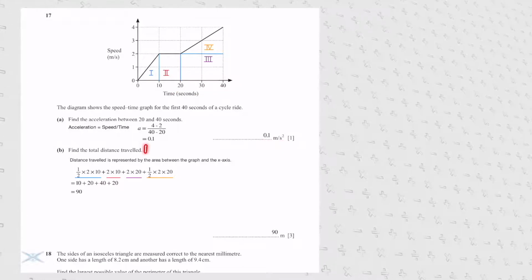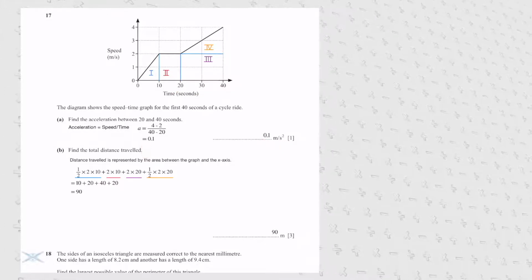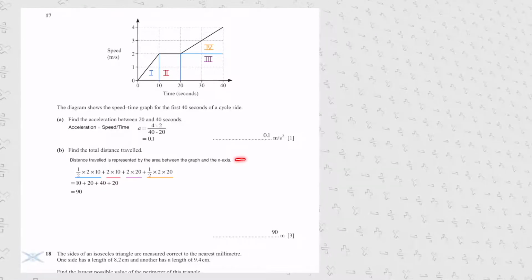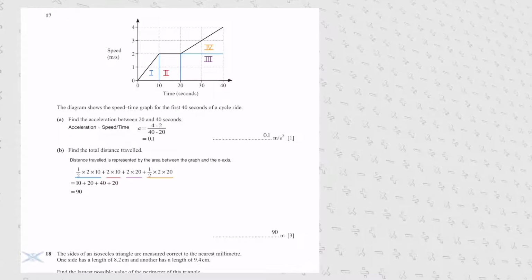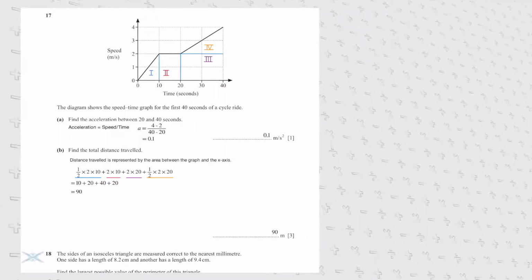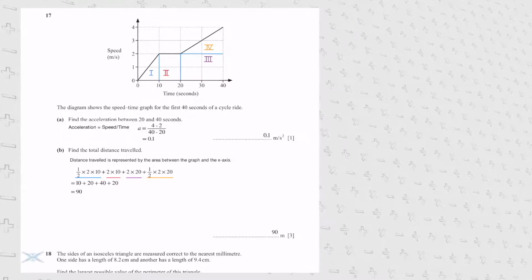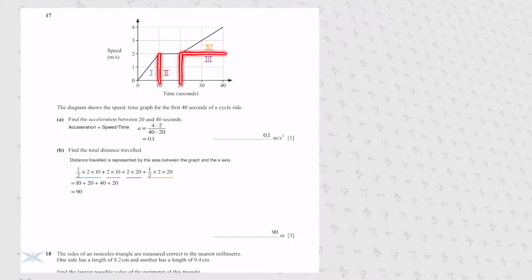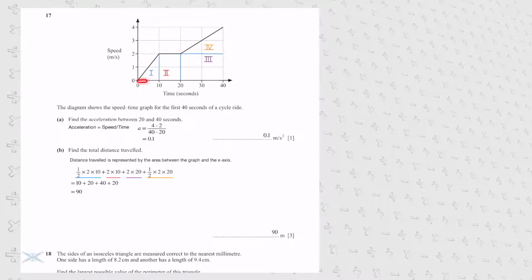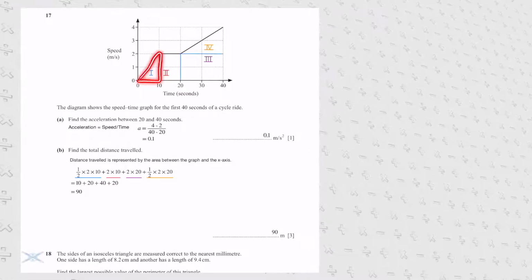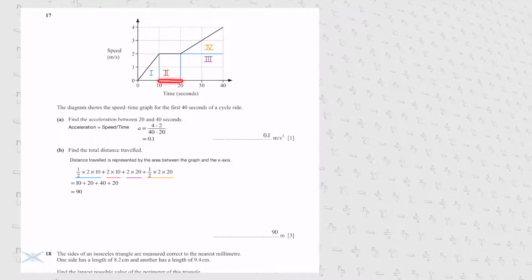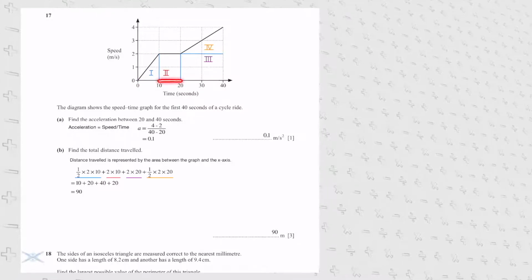In part B, we should determine the total distance traveled, and the total distance traveled is represented by the area between the graph and the x-axis. In order to make the calculation of the entire area below the graph line easier, I've subdivided this entire area into 4 sub-areas for the sake of simplicity and convenience. So area number 1 is a right triangle whose base is 10 and whose height is 2. The second area is a rectangle and its width is 10 and its height is 2.